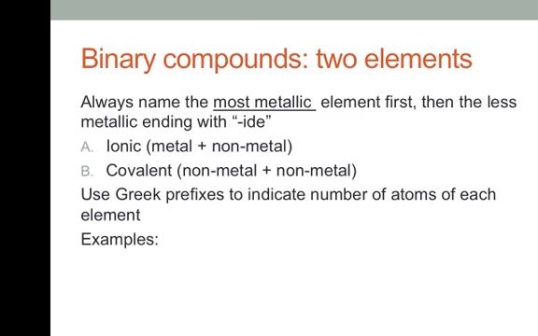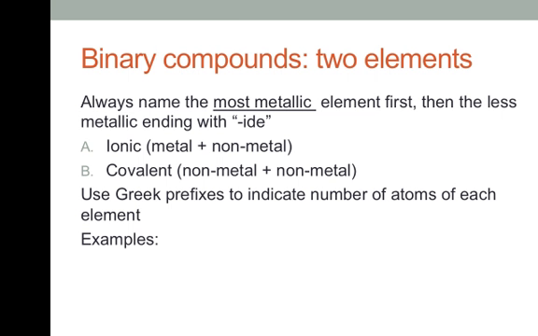So let's look at some examples here. As is arsenic. You have 2 of those. S is sulfur. You have 3 of those. These are both nonmetals. So this is covalent, nonmetal with nonmetal. 2 is di, and 3 is tri. So the name then is diarsenic trisulfide.